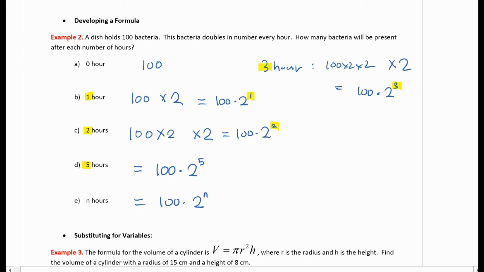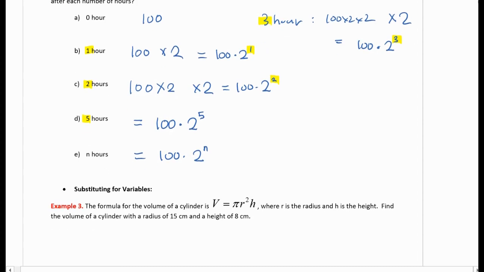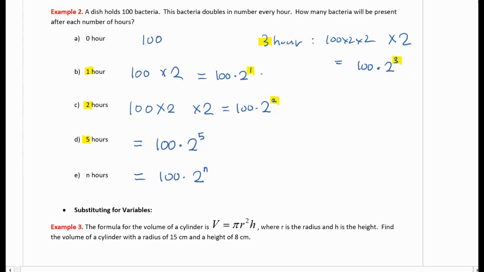Alright, everyone? Okay, let's move on. You can evaluate it if you want. It becomes 200, it becomes 400, it becomes 800, and this becomes 3,200. You can evaluate it, or you can just put it into your calculator to evaluate it.